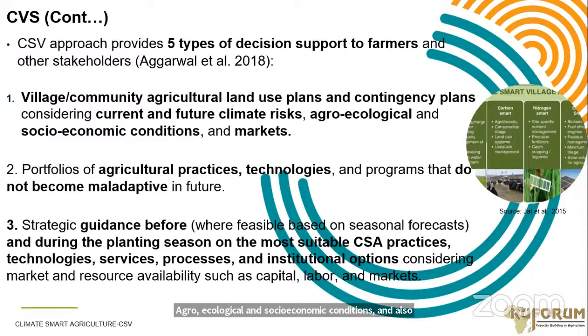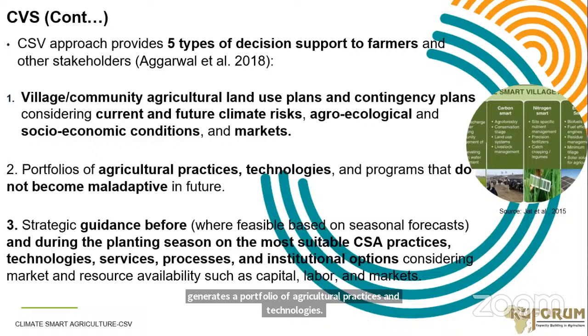So planning is a very important component of this. But one would also expect that at the end of the day, this generates a portfolio of agricultural practices and technologies and programs that do not become maladaptive in the future.